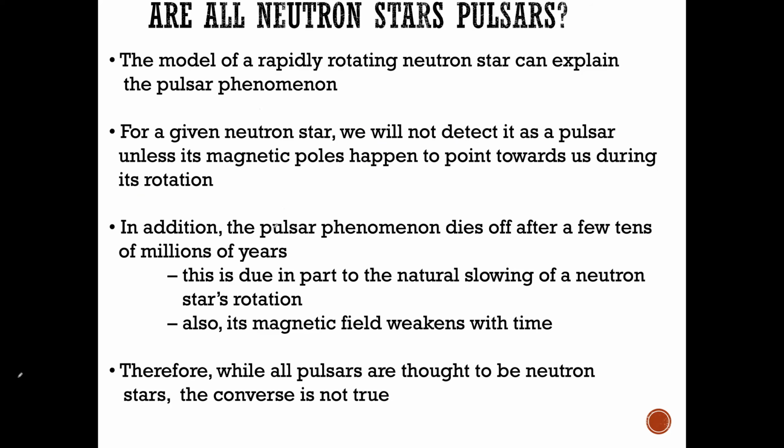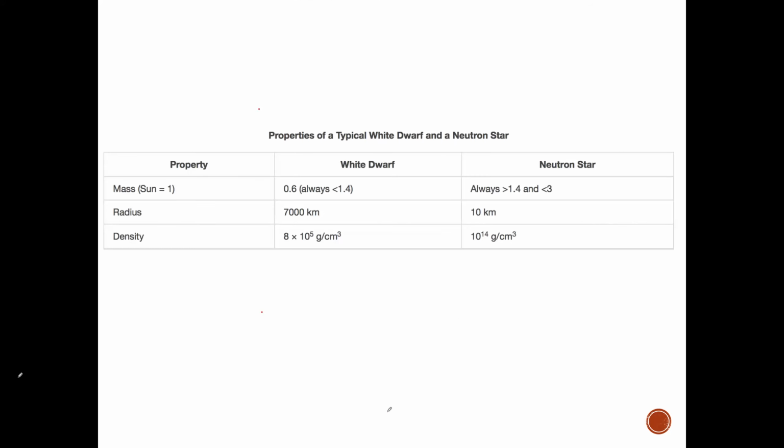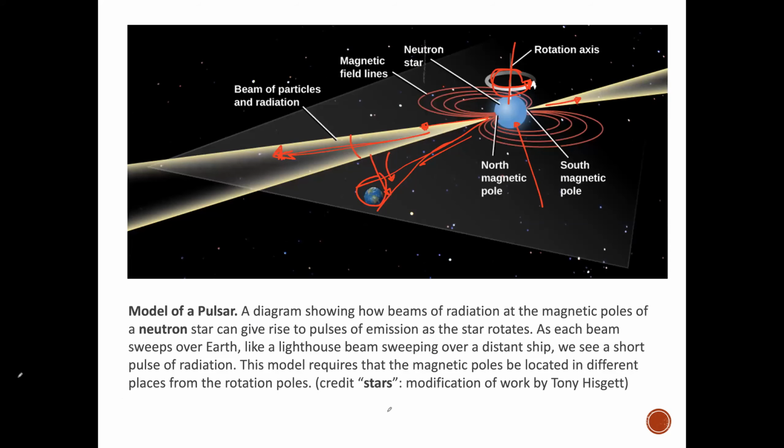And because of that, we have this specific sentence right here. While all pulsars are thought to be neutron stars, the converse is not true, right? I mean, if you have a pulsar, we can straight away decide that there should be a neutron star, right? But there may be a neutron star that doesn't give you pulsars, which means by detecting all these pulsars, we cannot decide about the existence of all the neutron stars, right?